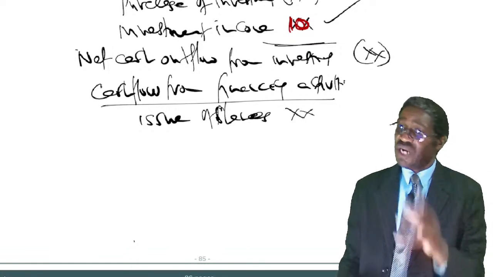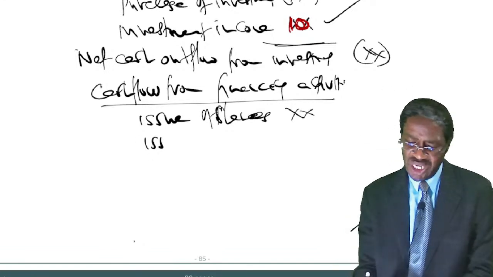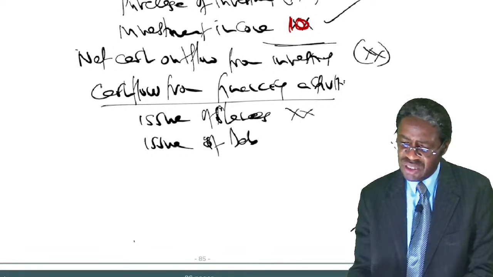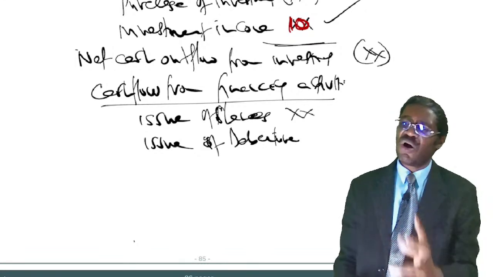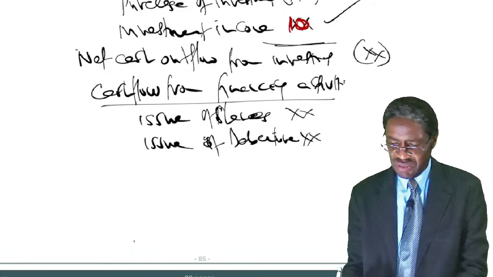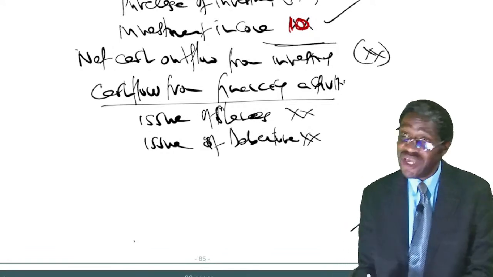Good. Another source which can be classified as financing could be issue of debentures. As your company, debentures last year were 10 million. Debentures this year are at 15 million. For debentures to go up, you must have issued some more debentures. Good. Money came in. Could be you repaid your loan.